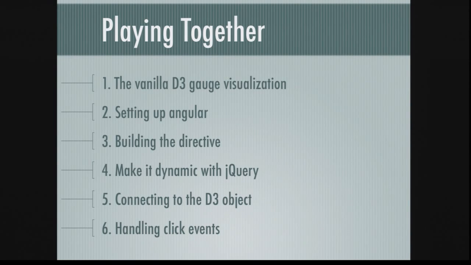Slightly fewer of you are going to be familiar with how that's done, but again, keep it simple. So you're going to learn, not as well as you would with egghead.io, but I think reasonably well, about directives. Then we're going to make it dynamic, but we're going to use jQuery. So if you're familiar with jQuery, this should be fairly simple. And then we're going to bring in the D3 stuff. And finally, we're going to make it bidirectional by adding a click handler on the D3 object so that you can actually make it kind of interactive.